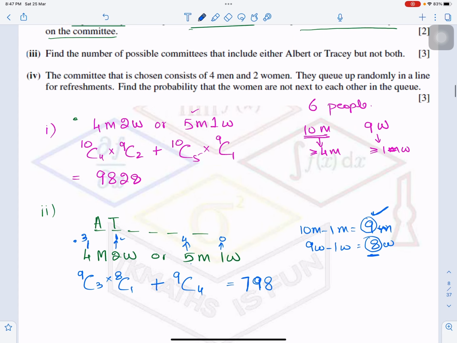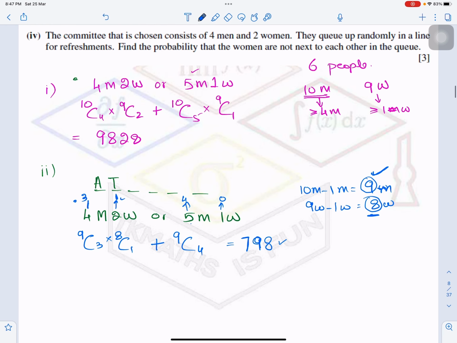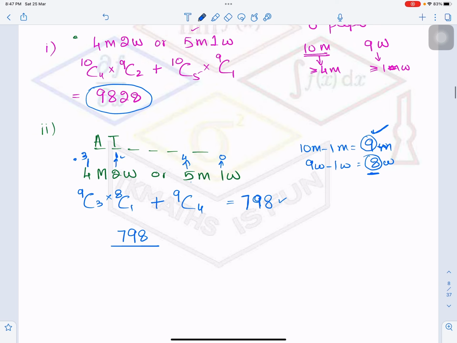But what was the question saying? Find the probability. So what we have calculated is the numerator. Because when we write probability, it is in fraction form, which can be changed into decimal form. So now my denominator would be the total number of cases in which there are at least 4 men and at least 1 woman, which was part 1, 9828.